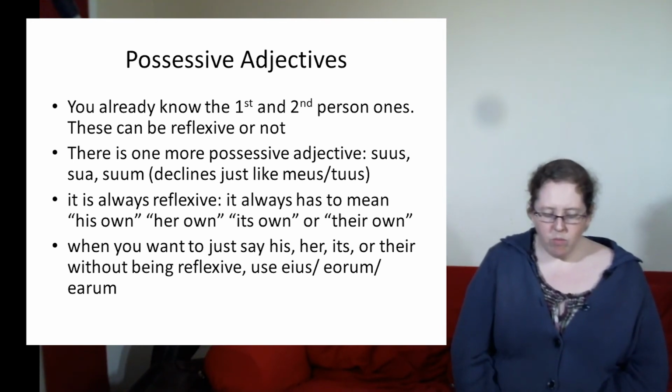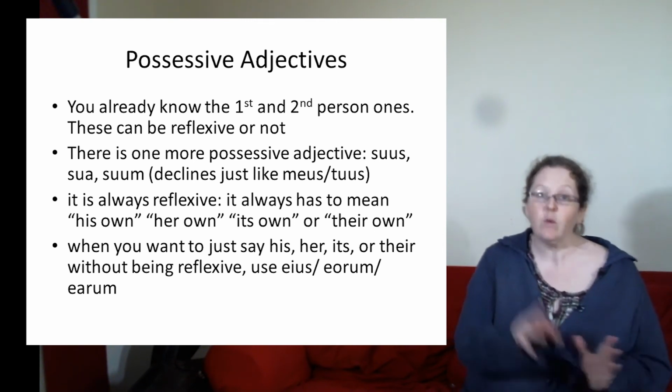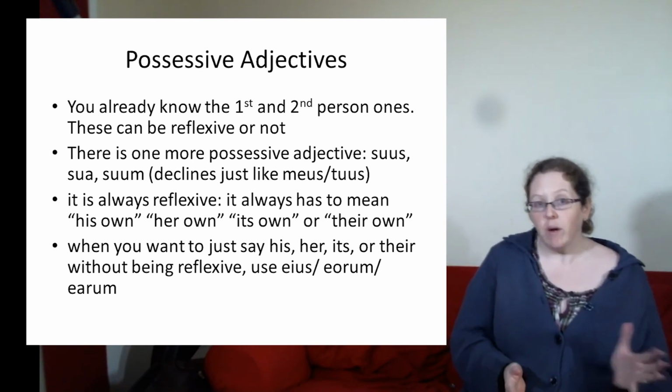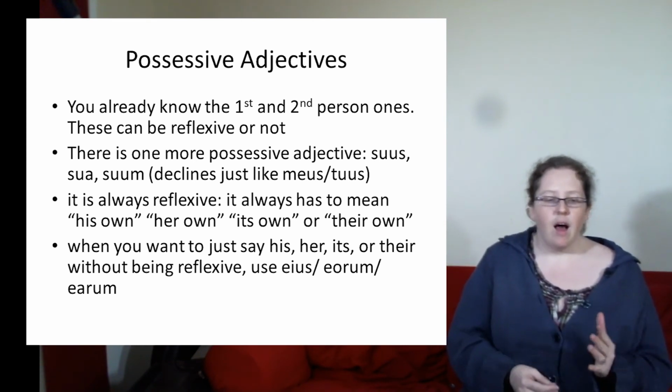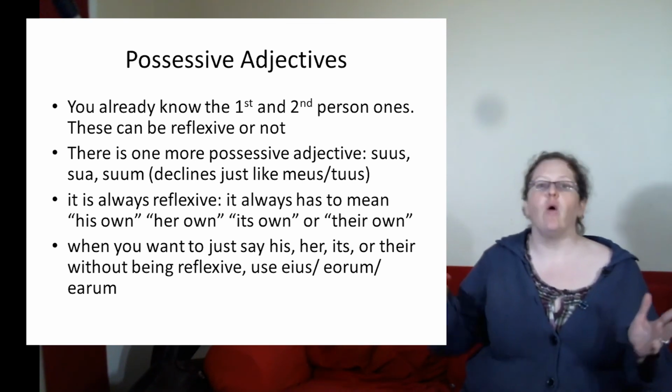So the same rule applies to these possessive adjectives. The ones for the first and second person can be reflexive or they cannot be reflexive. So I could say, for instance, habeo meam cenam. I have my own dinner.